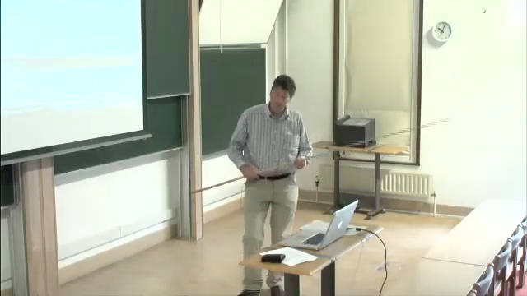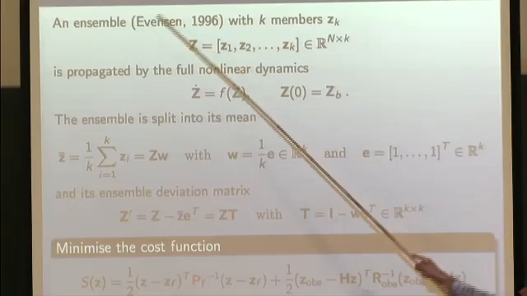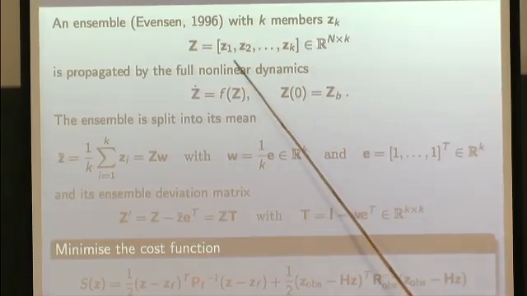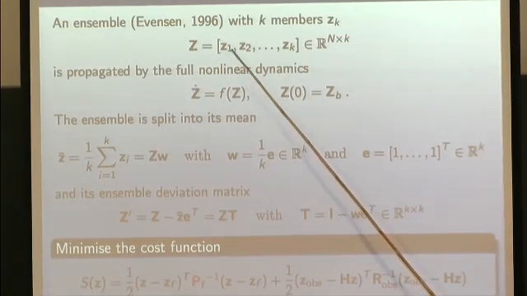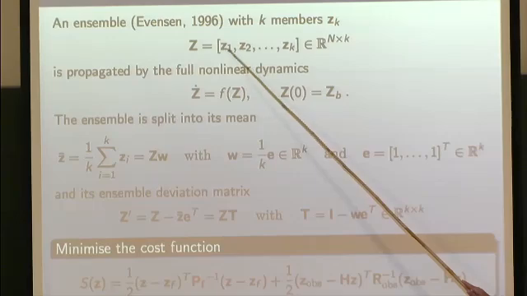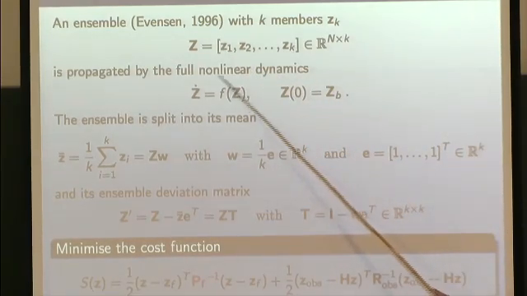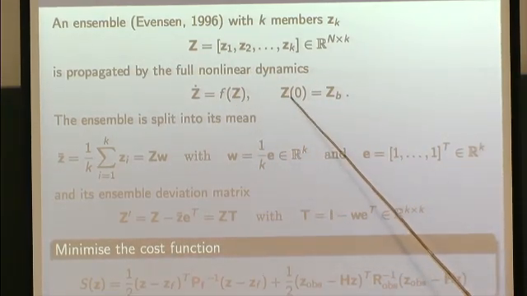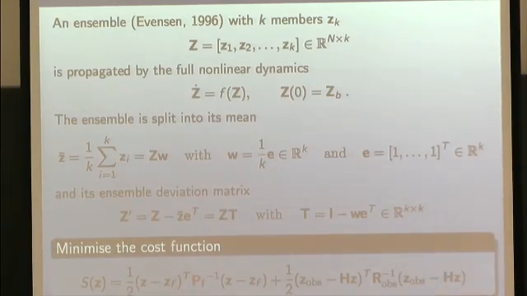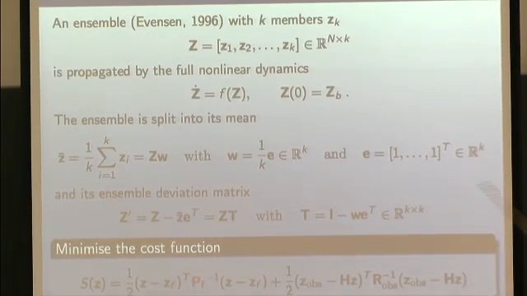This is all standard now, and this is Evensen's idea. He says, okay, we're going to consider an ensemble of k members, and we propagate all these z_1 to z_k in time by the full nonlinear dynamics, and they're initialized by some z_b, our background state.